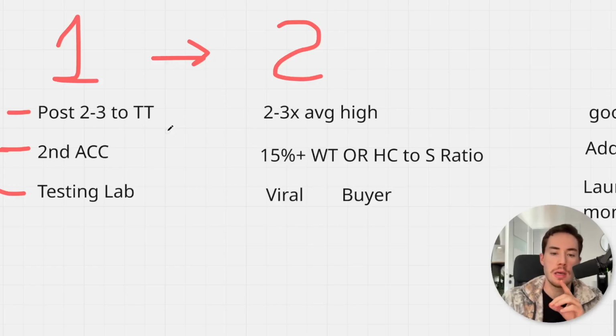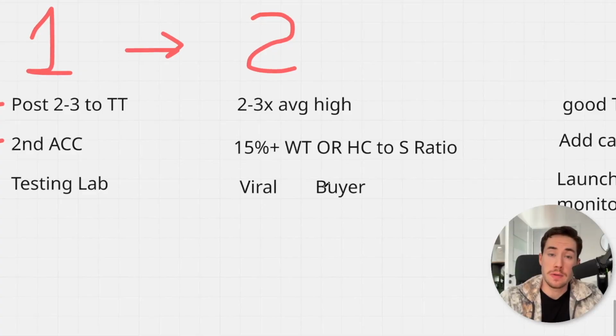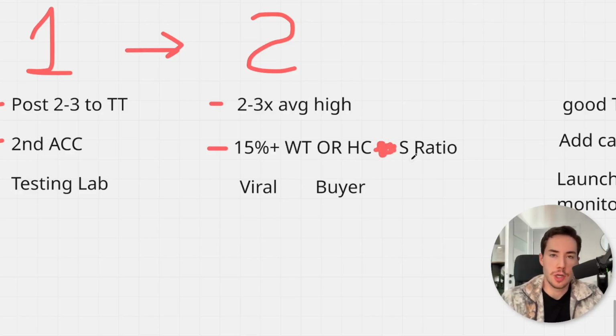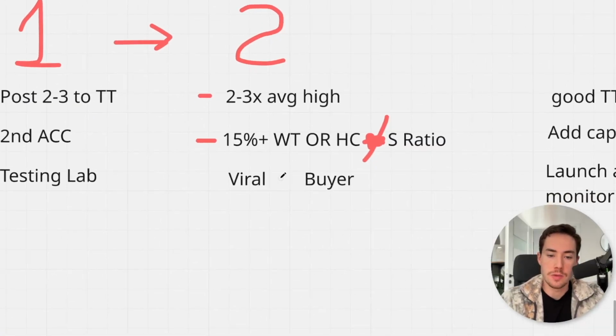And as soon as you get like 1 or 2 videos that has 2 to 3x your average views on what you're normally getting, that's a pretty good sign, first of all. So that's very good to note. And if you have 15% plus watch time, or you have a high comment count, sorry, I messed that up. If you have a high comment ratio or a high save ratio, that's also a very good sign. So these could be potentially videos that you would then scale into an ad.